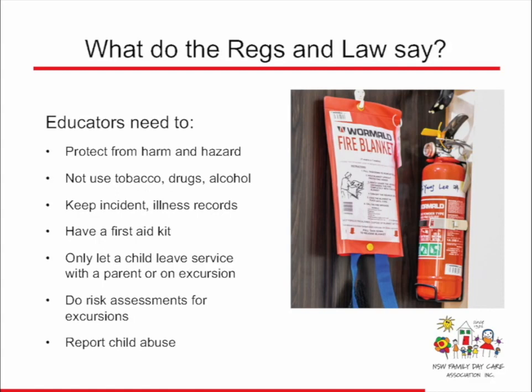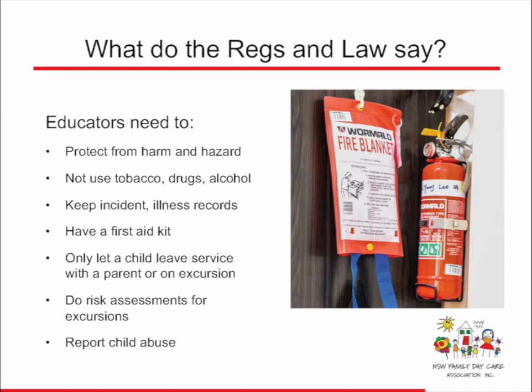So what do the laws and regulations say about keeping children safe? Educators must take every reasonable precaution to protect a child from harm and from any hazard that might hurt them. This is Section 167 of the law. Make sure nobody uses tobacco, illicit drugs or alcohol while children are in the home.